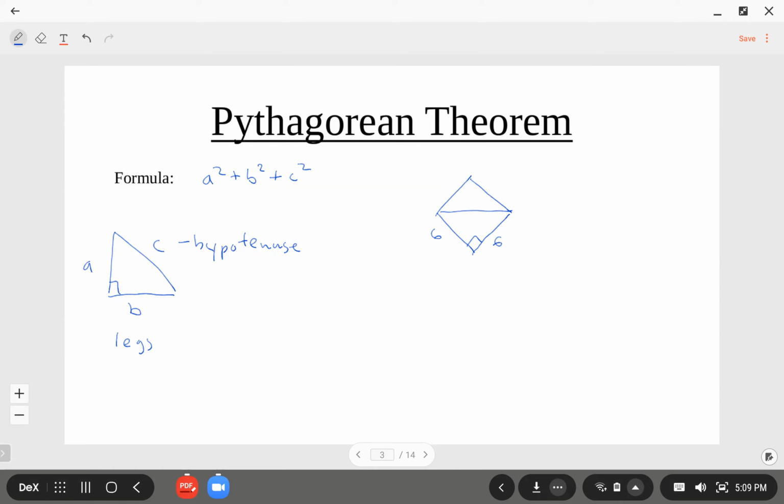Let's say it's a kitchen tile, and it's a square, right? You want to find the diagonal of the square, and you're going to use the Pythagorean theorem to do it. Does anybody know what's the value of this guy over here? D. Okay. Please put your answers in the chat.